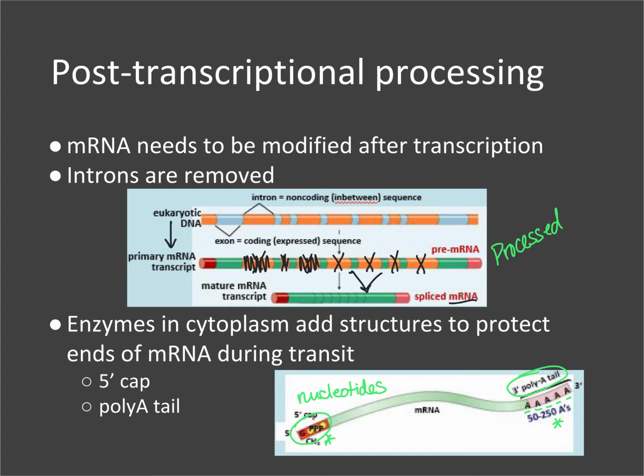And these added nucleotides primarily serve a protective function. So think about it, this molecule is going to have to go from the nucleus, and it's going to have to squeeze out through those nuclear pores in order to get to the cytoplasm. And along the way, it might bump into things, it might be exposed to some chemicals that could be dangerous to it.